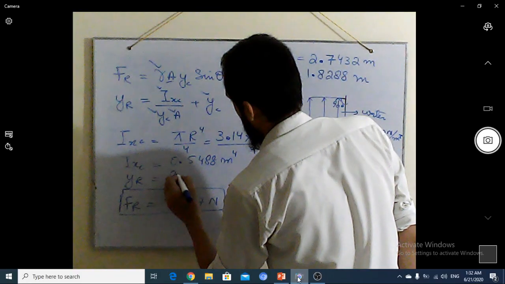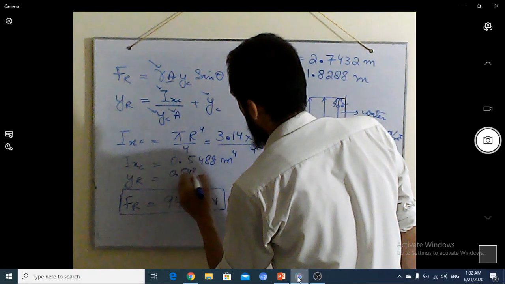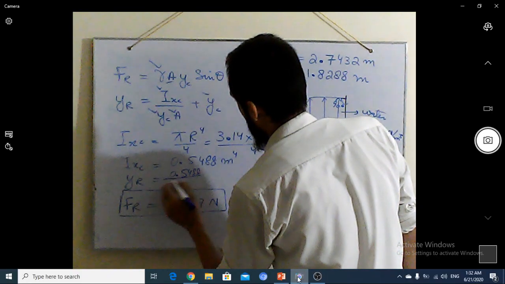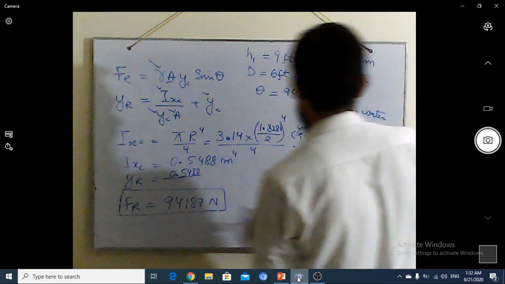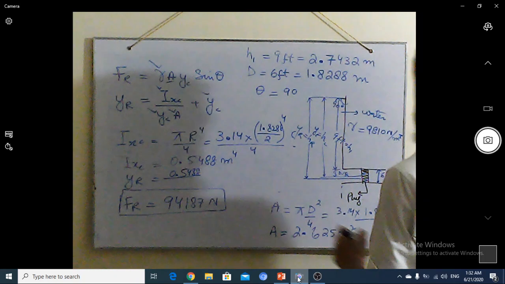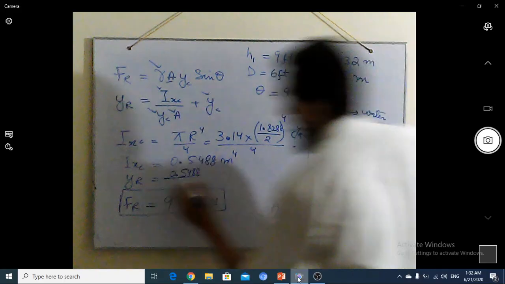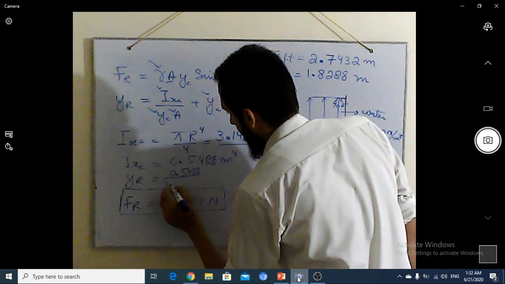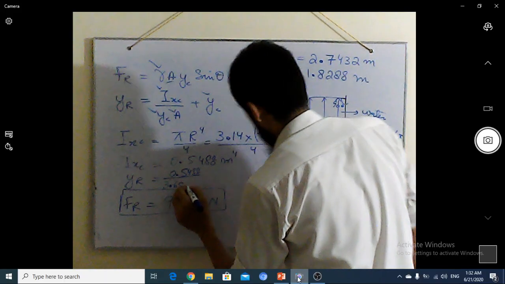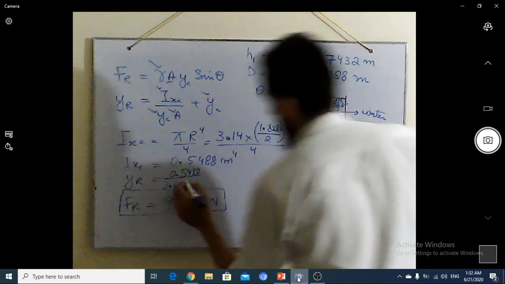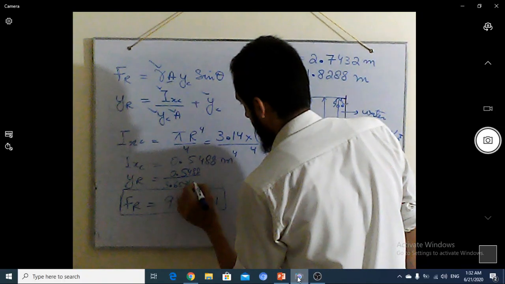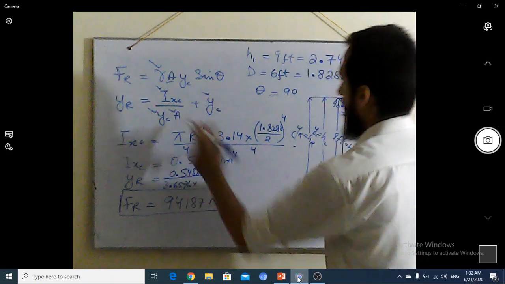Now everything is known, so we just put the values. Ixc, 0.5488, divided by YC. YC we have calculated as 3.6576, multiplied by area.